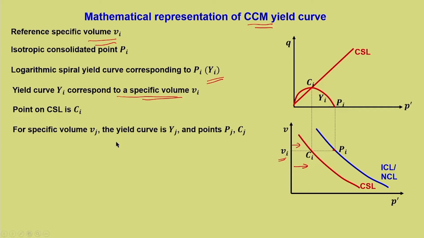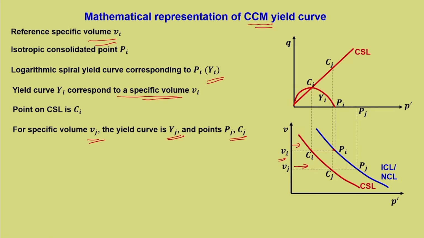Let us consider another specific volume Vj, which is lesser than Vi. So, this is Vj. Now, the yield curve corresponding to this will be Yj, and the points will be Pj and Cj. So, this is Pj, which is taken to the Q-P dash plot, and this is Cj.